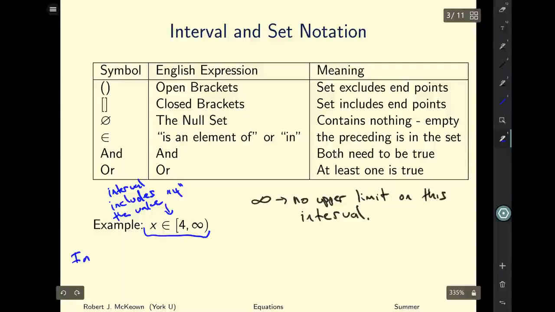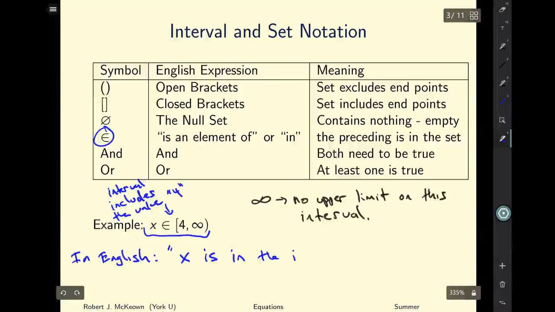So in English, x is in, right? That's our in symbol.